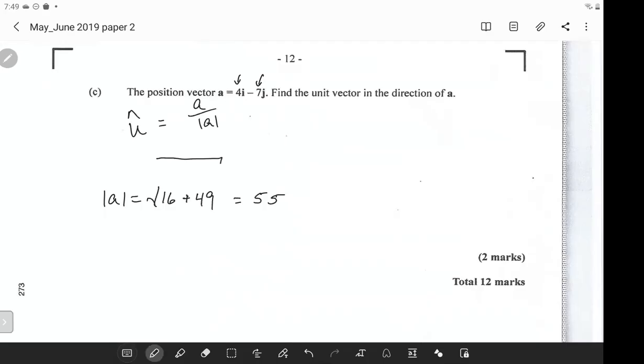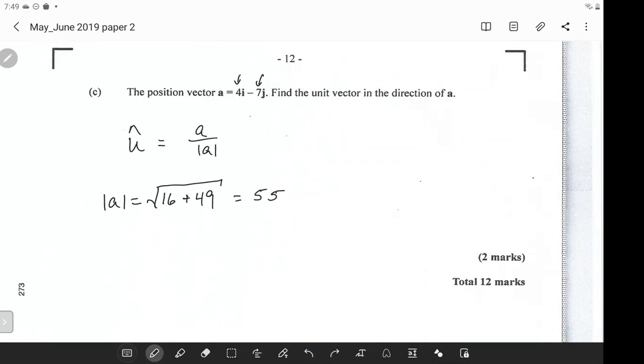Sorry about that. All right, so that is not 55. All right, that is 65. And we still have our square root.